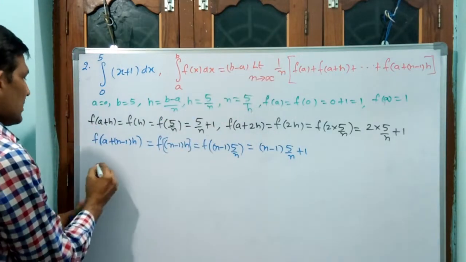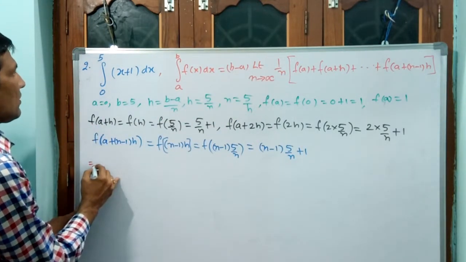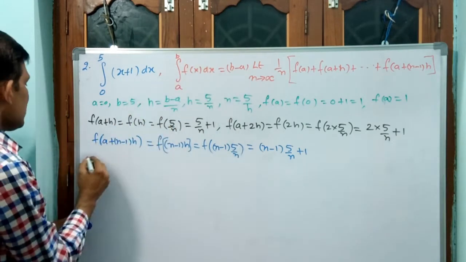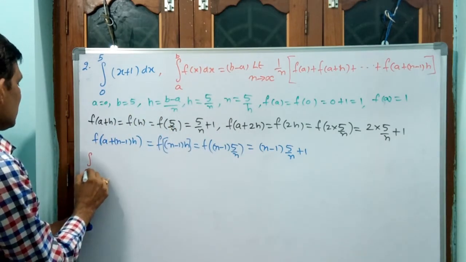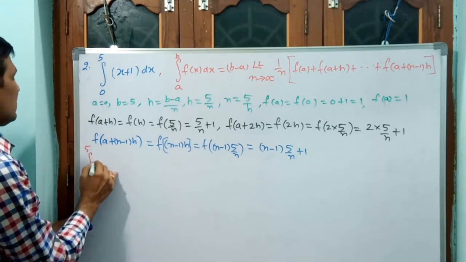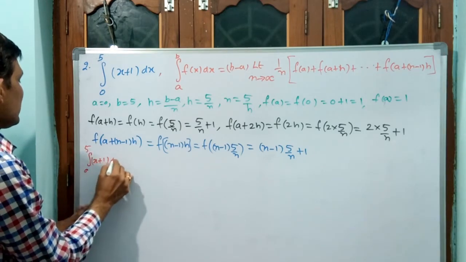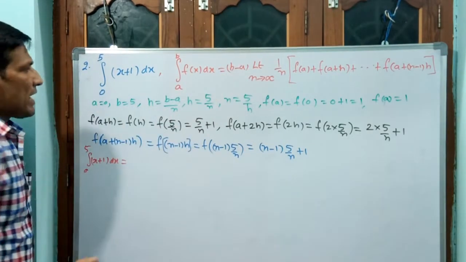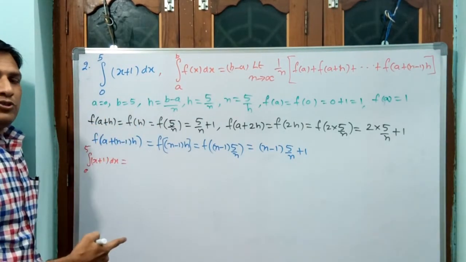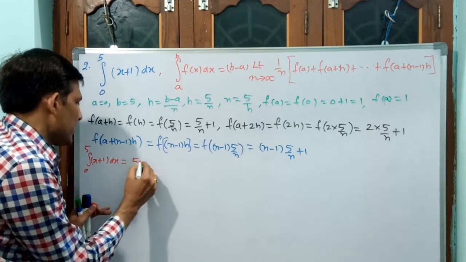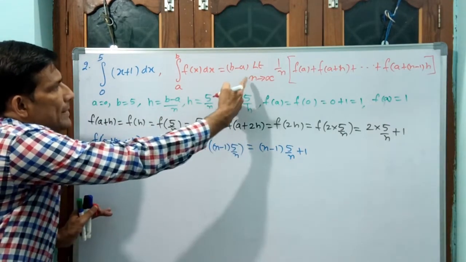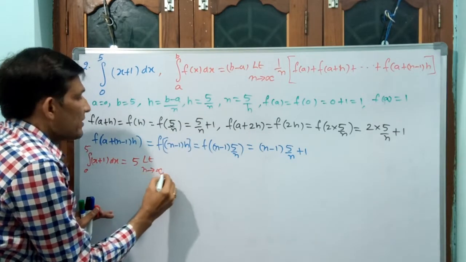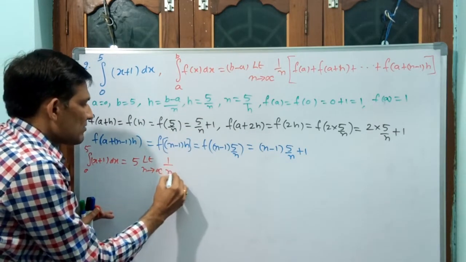Don't write 'that is equal to'. You write the integral from 0 to 5 of x plus 1 dx is equal to, and then the answer. b minus a, 5 minus 0, that's 5, times the limit as n tends to infinity of 1 by n.